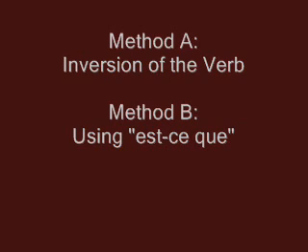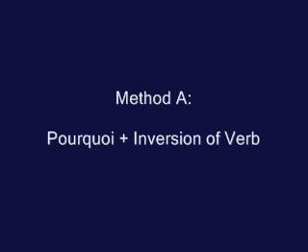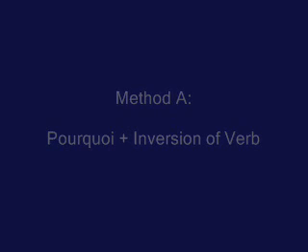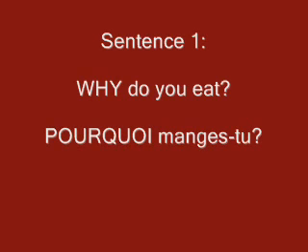So let's start with method A. Pourquoi plus inversion of the verb. The first sentence we'll take as an example will be: why do you eat? In French it will be pourquoi manges-tu?